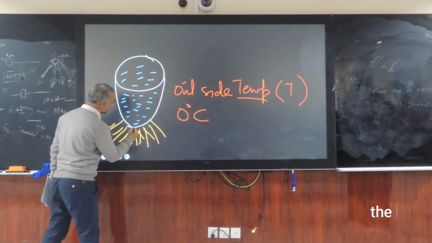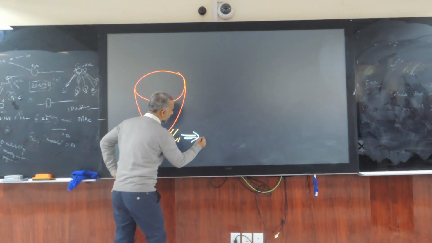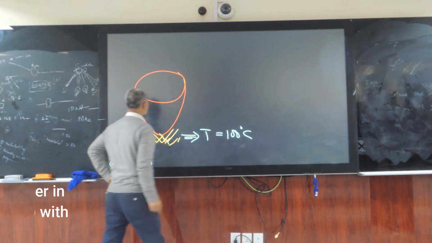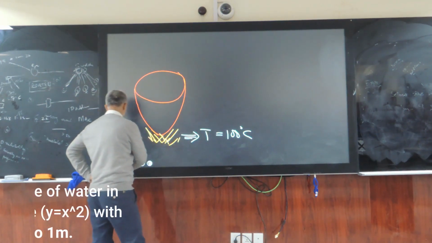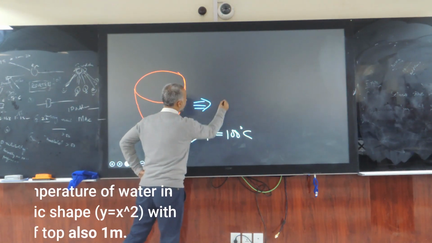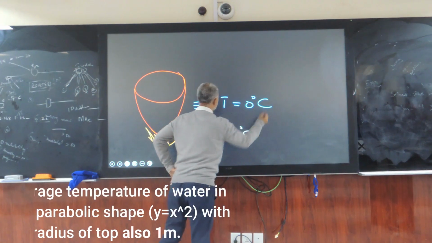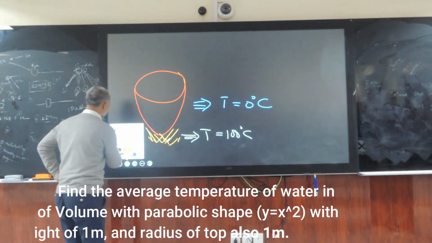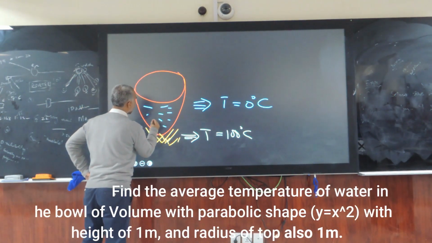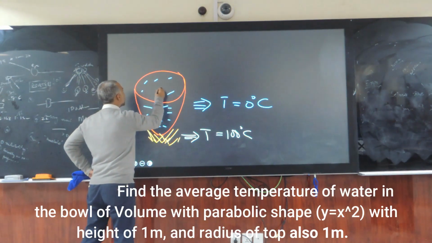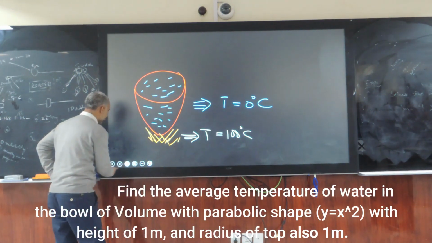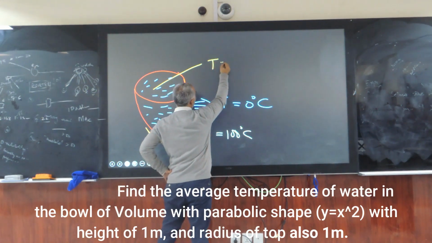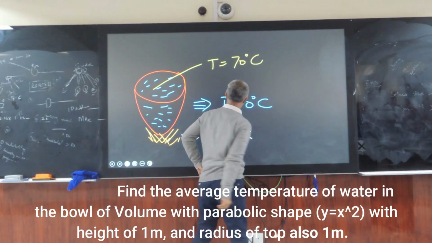Of course, at this bottom point, T equals 100 degrees centigrade, and due to the colder weather outside at 0 degrees centigrade, with the passage of time the water temperature is increasing, but not exactly like at the bottom, and the final temperature at the top level is 70 degrees centigrade.